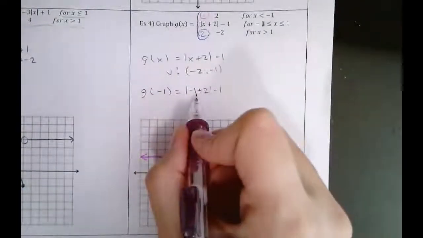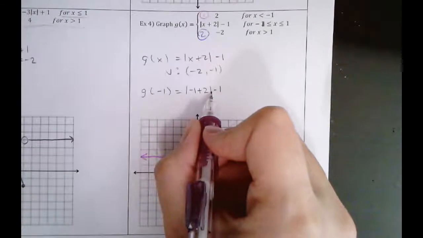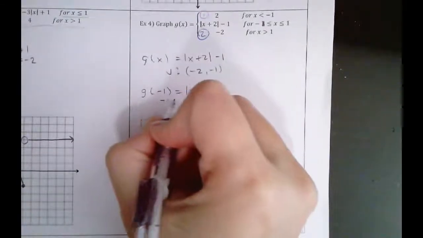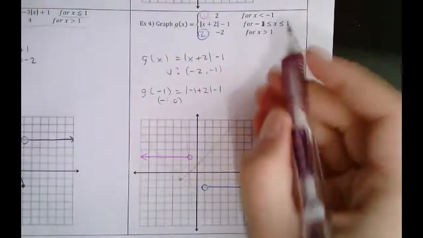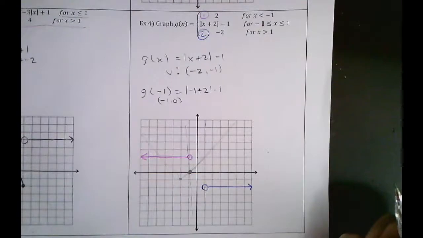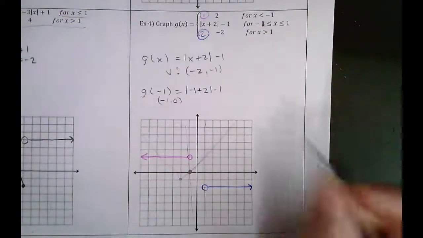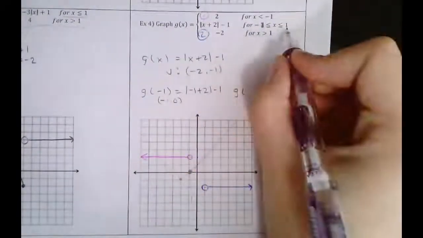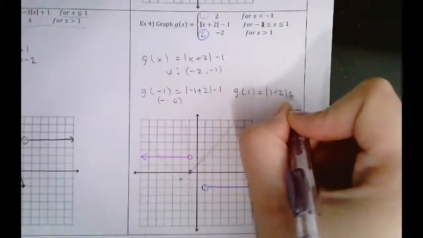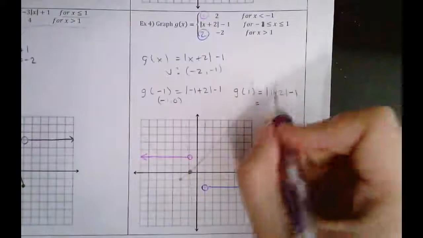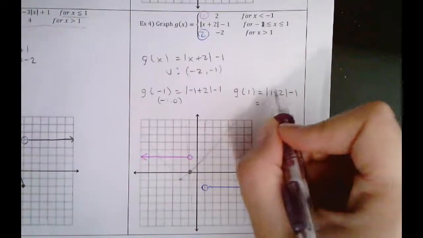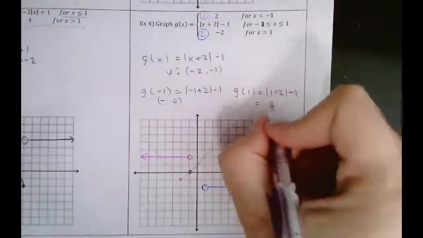So when we plug in -1, this is 1, the absolute value of 1 is 1. 1 minus 1 is 0, so we get (-1, 0) as the leftmost point. So this point right there. And then we also want to plug in 1. Okay, so 1 plus 2 is 3, absolute value of 3 is 3, 3 minus 1 is 2.